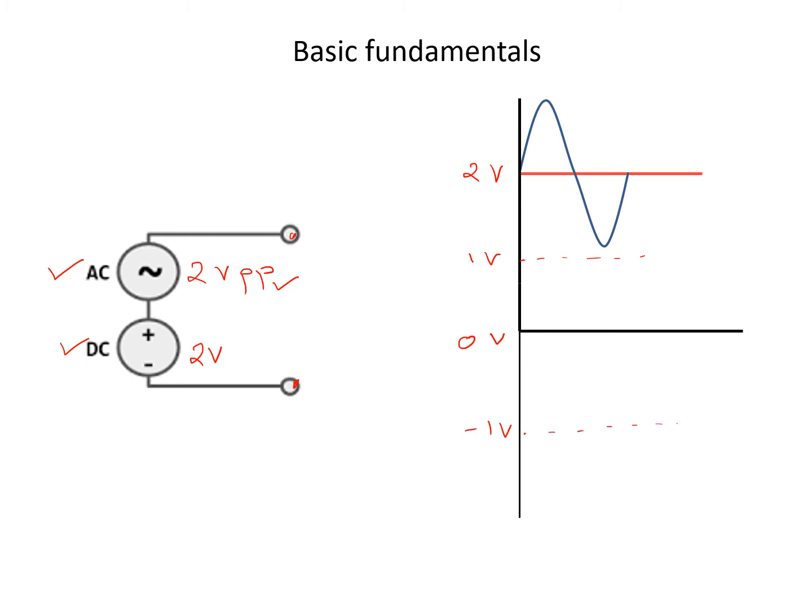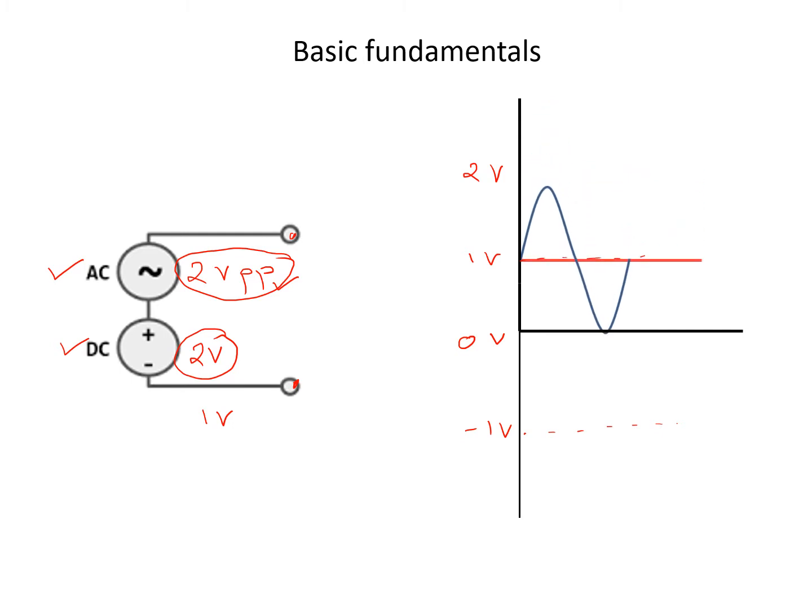Now see what happens to the waveform when we change the DC value. Suppose I make the DC voltage 1 volt and I keep this signal as it is. When this is done, see the waveform. When the value of the DC signal is reduced, the waveform gets shifted downwards. Now suppose I make it 0 volt.